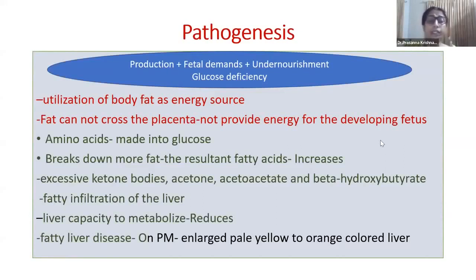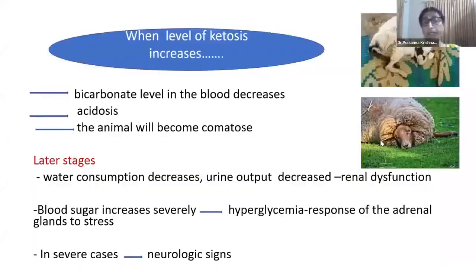The liver is at capacity, that means it cannot manage the inflow of the different types of ketone bodies and the fat that is infiltrated into it. So the liver's capacity to metabolize this will reduce, and that will lead to fatty liver disease, which you will see only when you do the postmortem examination. You can see in such cases an enlarged, pale yellow to orange colored liver. Ultimately, everything falls on the liver, and the liver becomes damaged completely.